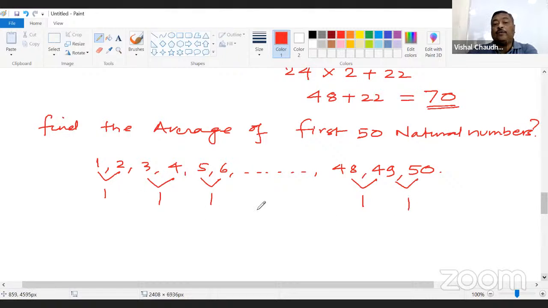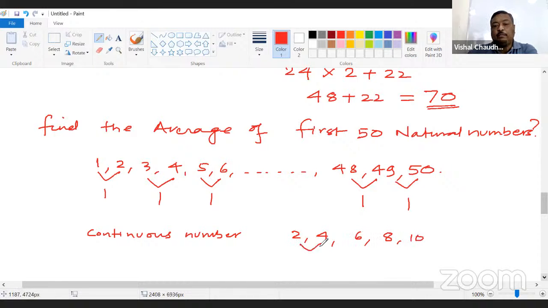Suppose I take 2, 4, 6, 8, that is my even number set.